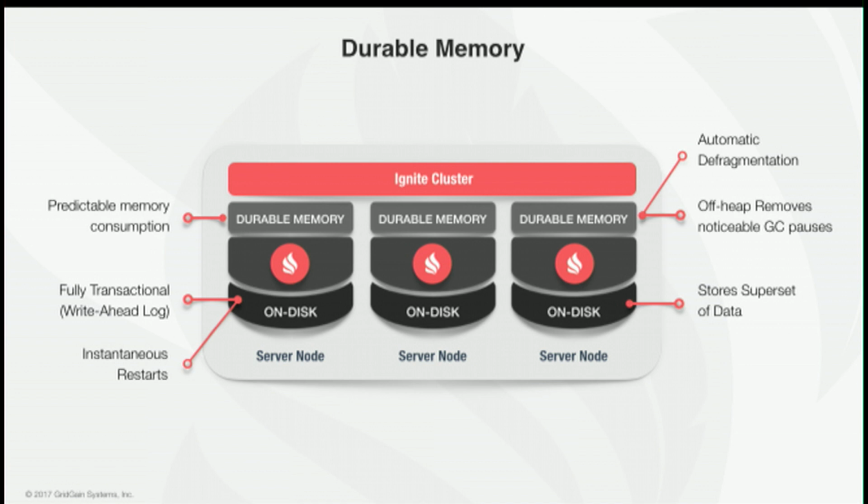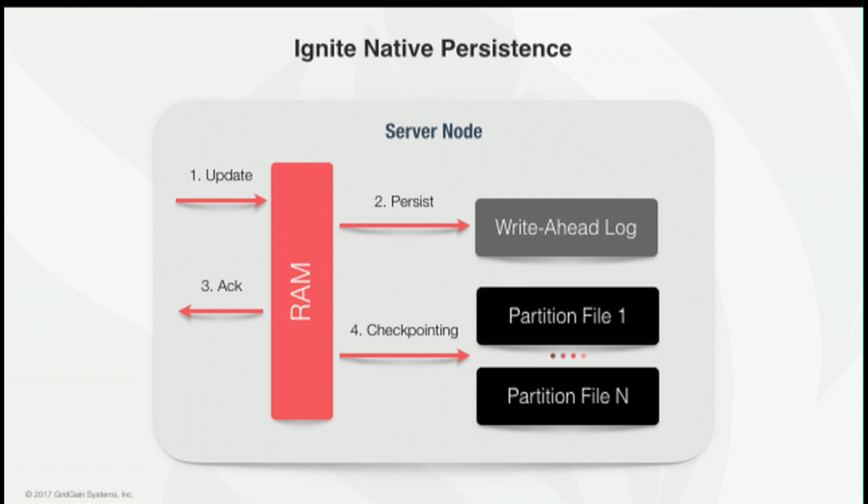It's not going to any single database server. And there is no single point of failure. So you can lose one node and you still have all the data available because all the backups are available on the disk level as well. All right, so that's how Ignite native persistence works by itself.